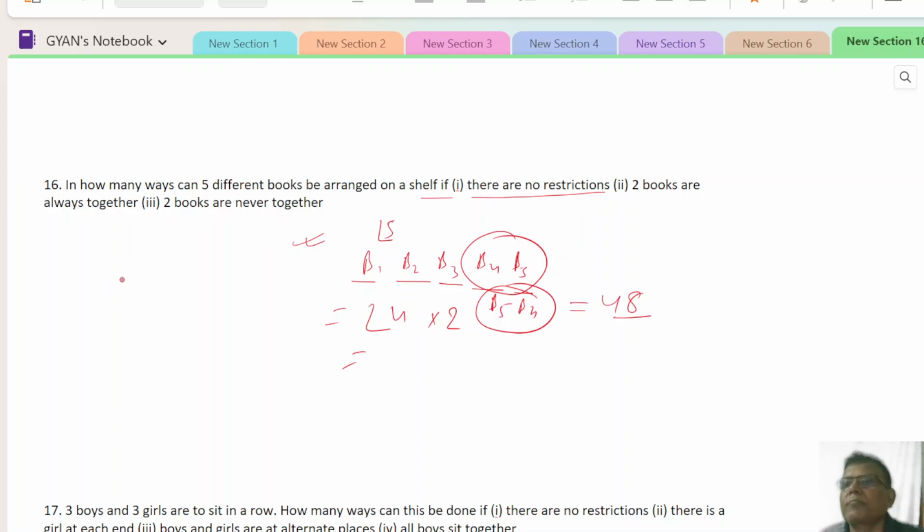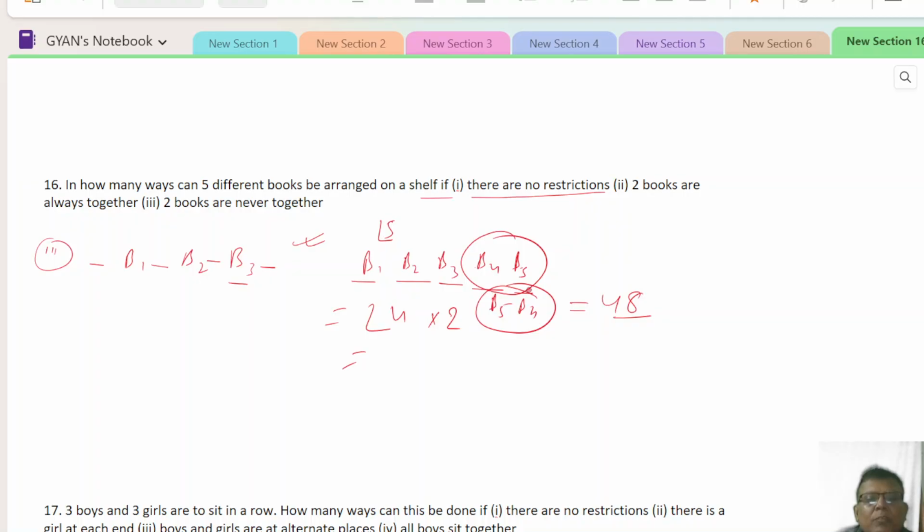Now third, two books are never together. So two books are never together. That means the remaining books are book one, book two, book three. What are the places of the books? One, two, three, four.